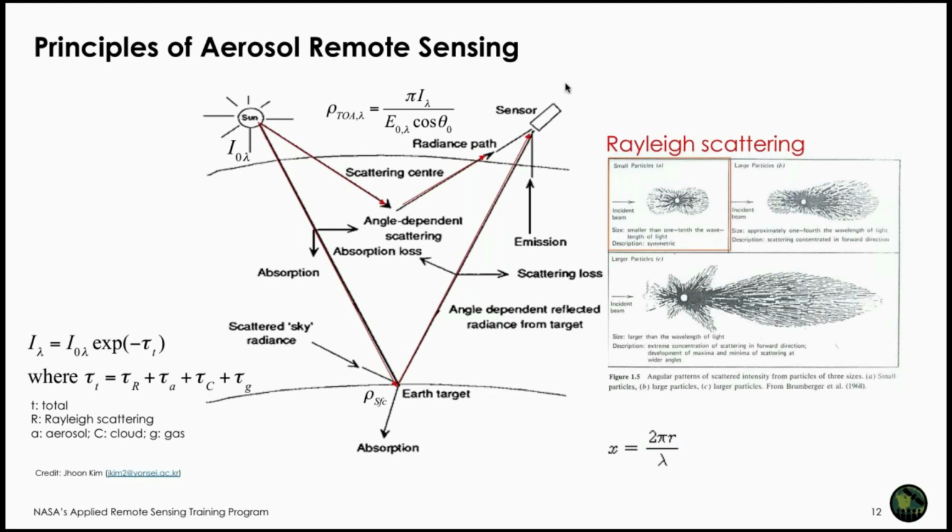The signals can be scattered from the atmosphere or Earth's surface, and we should distinguish these signals.